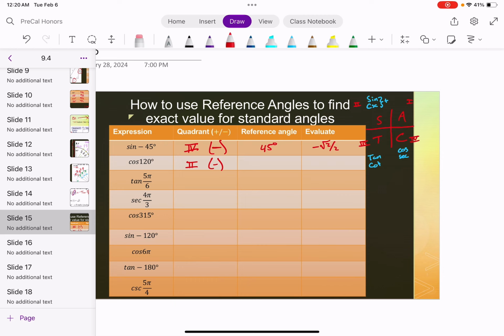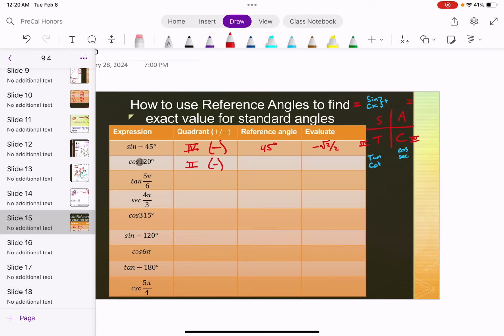Now, our reference angle, remember, this comes from taking a look at the back portion of our numbers, right, of our equation, and determining what would be coming closest to our x-axis.